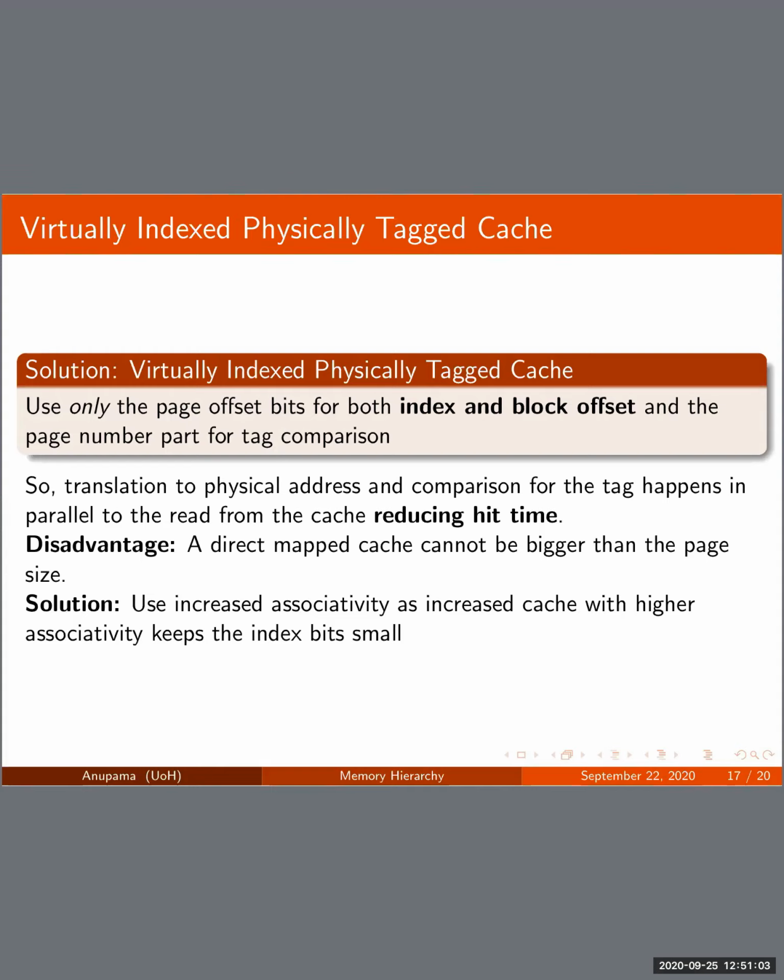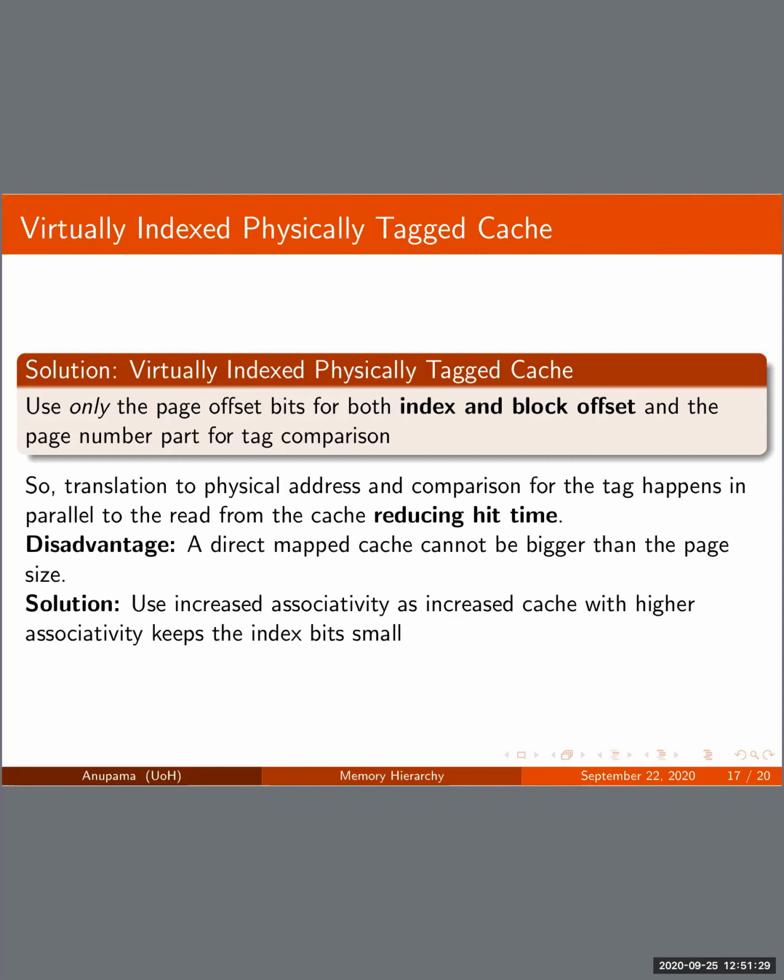Therefore, today you hardly see any direct mapped caches at L1 also, because they use virtually indexed physically tagged caches, and to prevent the size of the cache from being too small, they use increased associativity for that.